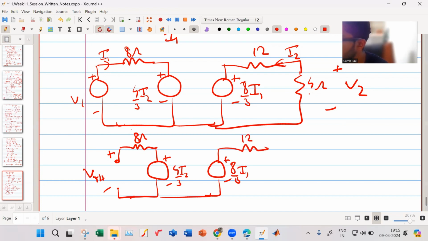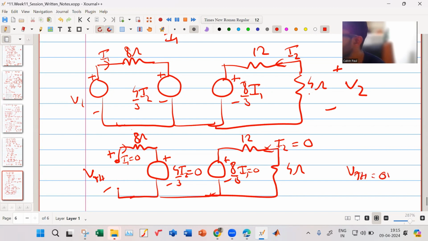This is your 12. This is your 4 ohm. Now, what is your I1? Your I1 is 0. If I1 is 0, then this is 0. If this is 0, your I2 will also be 0. Then this also will be equal to 0. No current is flowing. Then you get your VThevenin to be equal to 0, which is not correct.